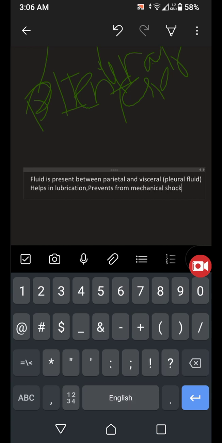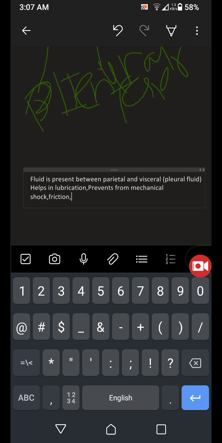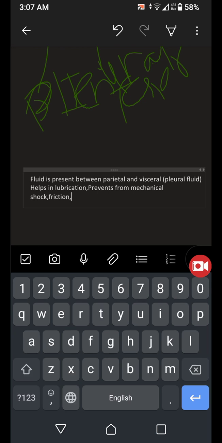Mechanical shock means, from any kind of explosion of the lungs. It also prevents friction, and it keeps the pleural membrane stuck together. Okay ji.